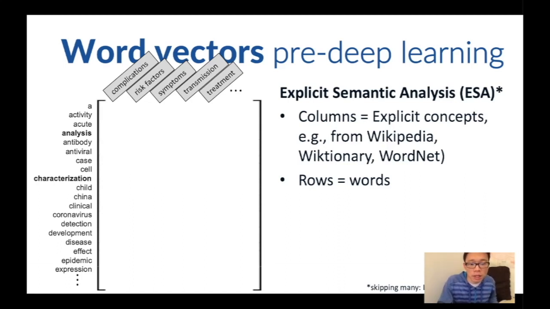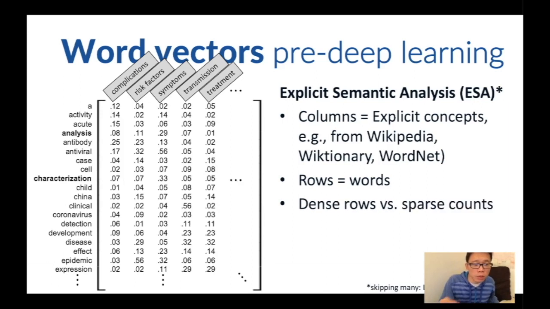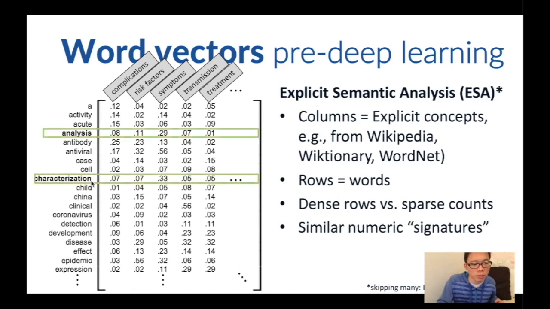And so in the rows, you're going to have words, or at least you're going to have numbers that represent words. And then the numbers that are actually there are going to represent how well a particular thing was expressed. So how often, how related is this word characterization, for example, to complications or risk factors or symptoms or transmission and treatment?